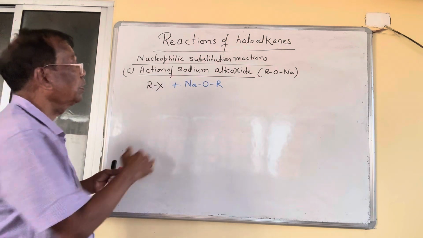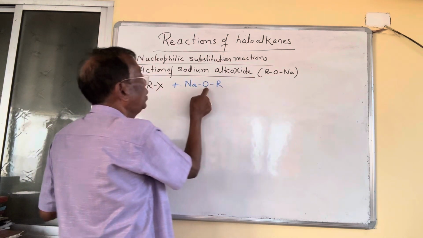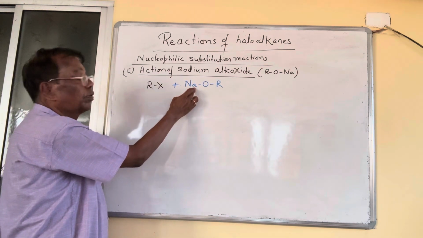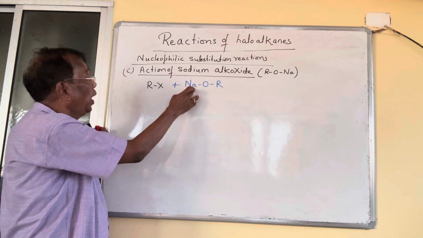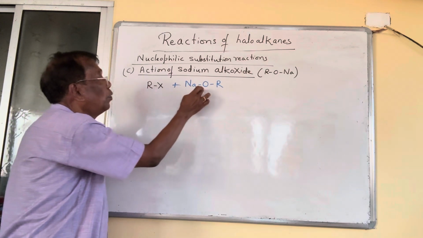Okay, now why I wrote like this, Na first? Actually it is RONa. I have written Na first here to show what can go out from here. Na and X will go out. What will be left there? ROR.